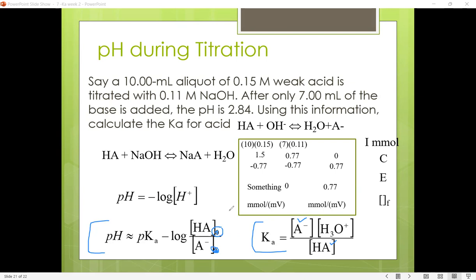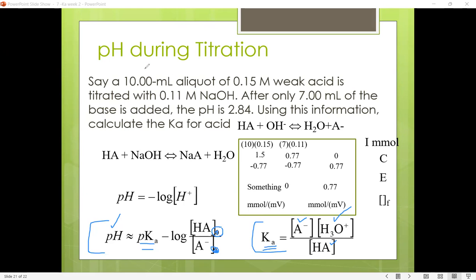And then lastly, the pH should be the easiest one, right? The pH or the H plus. We're directly measuring that. So these two are the key for calculating the pKa or calculating Ka.